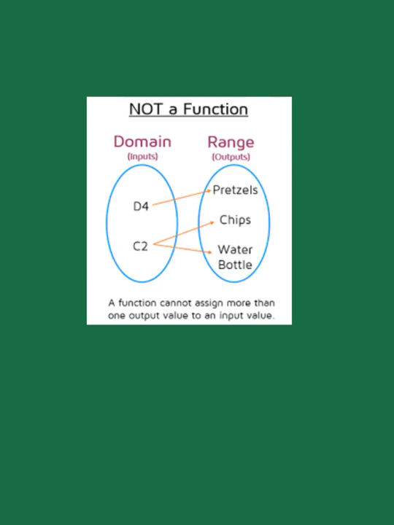The reason it failed is because when I select button C2, this input has more than one output. When I press C2, I'm either going to get chips or I'm going to get a water bottle, but not both. Okay, so this fails as a function, and now I'm angry and I want my money back because I'm hungry and not thirsty.